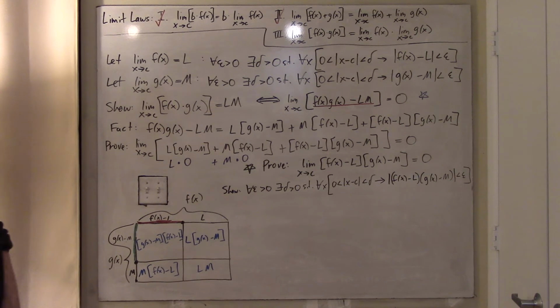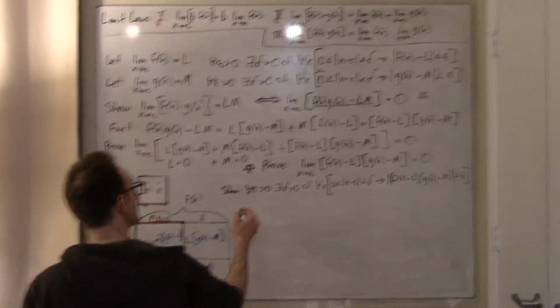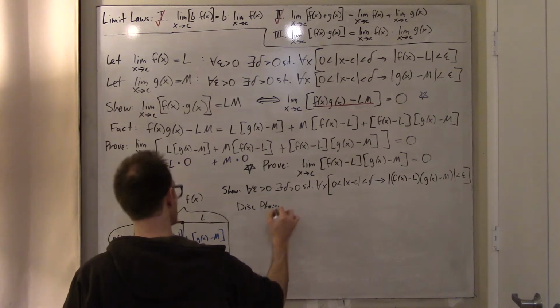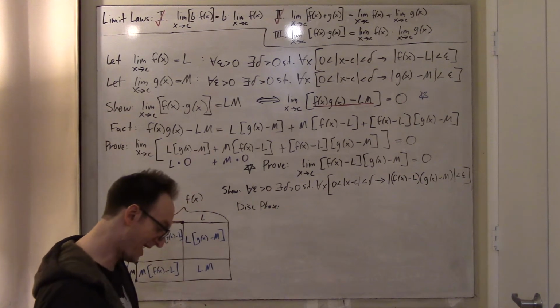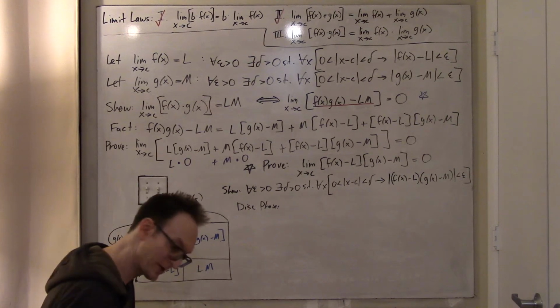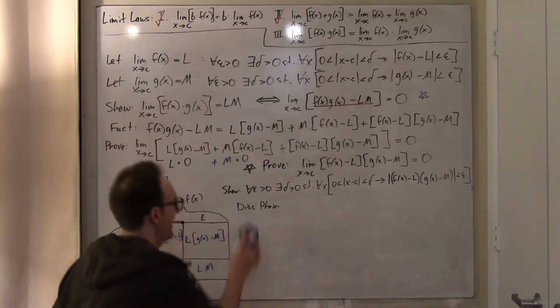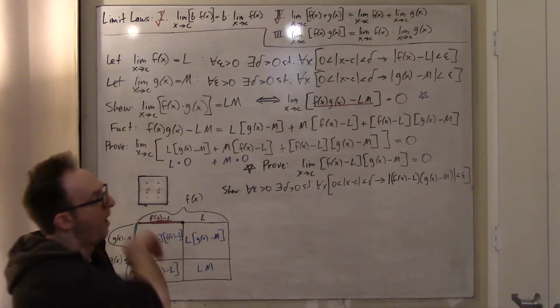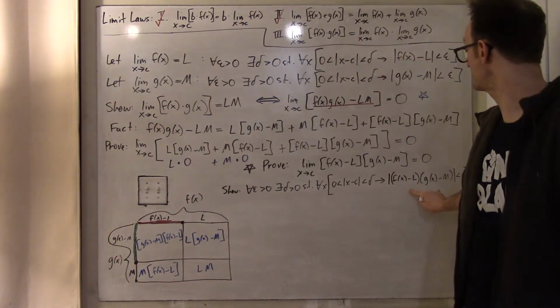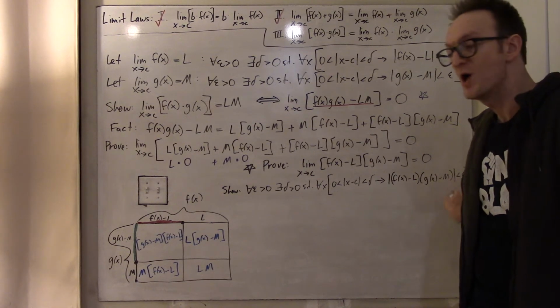Well, I could do a tiny little discovery phase over here, but maybe I won't even bother because I don't really have room for it. What would it take to show that this product is less than epsilon?